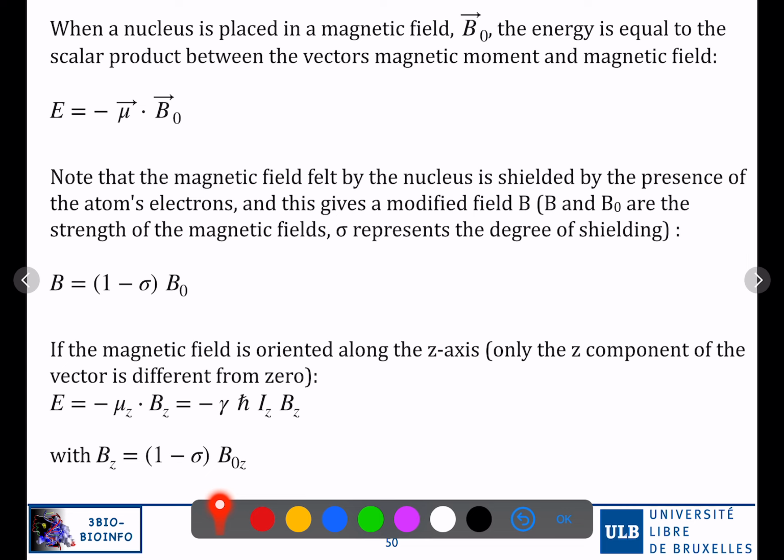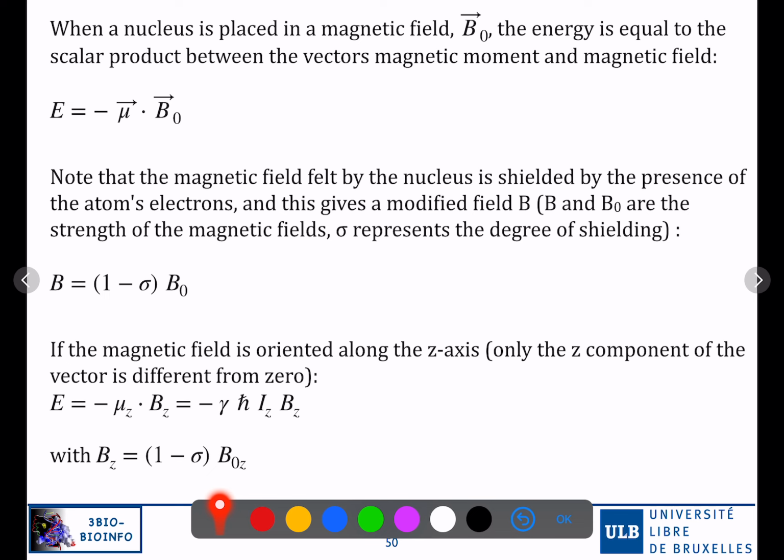Then, what additional information can I give about the system here? What we will do is place the B0 magnetic field along the z-axis.